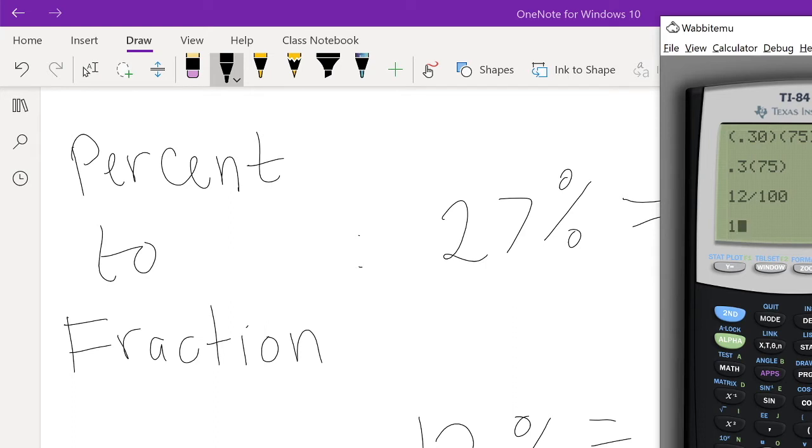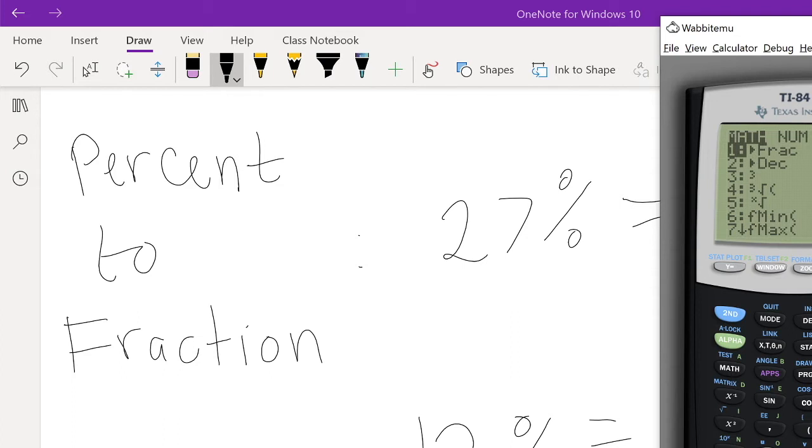The nice thing about a calculator like this is that it will do all the hard work for us. So I'll type in 12 over 100, but before hitting enter, I'm going to go to the math menu here, and the first option has a little triangle and the word frac, for fraction.